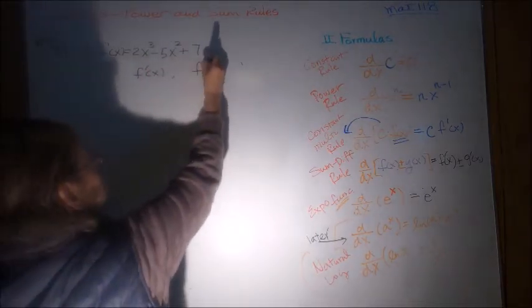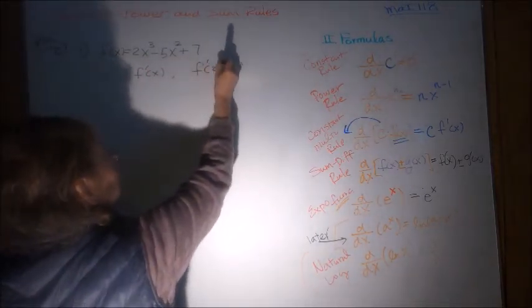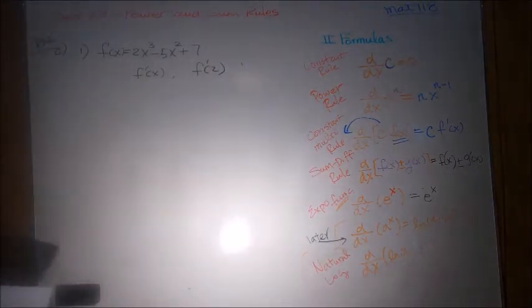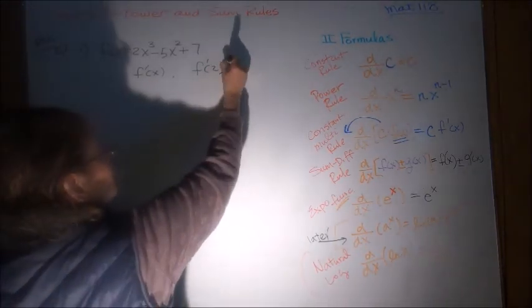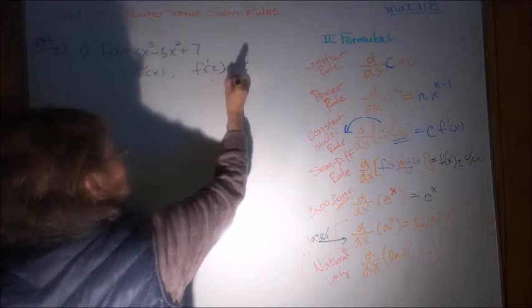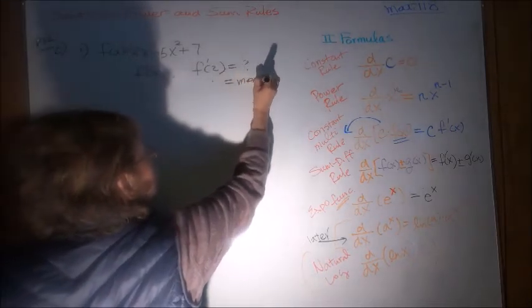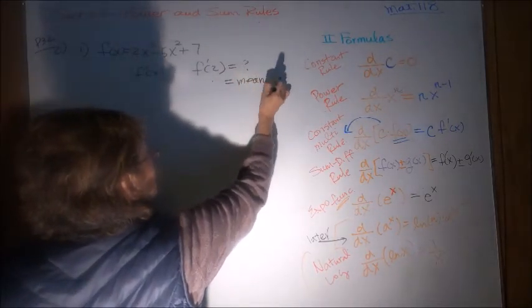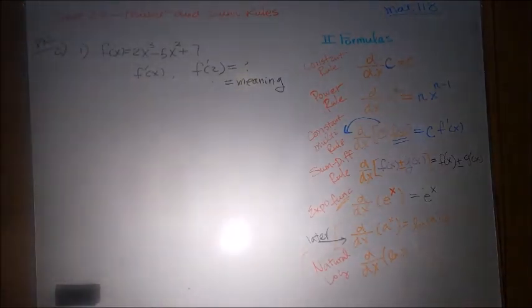But it wants us to find f prime 2, and besides find the value, and also find its meaning. Why we do what we do. Okay, why bother with all those primes and what kind of meanings they are, right?